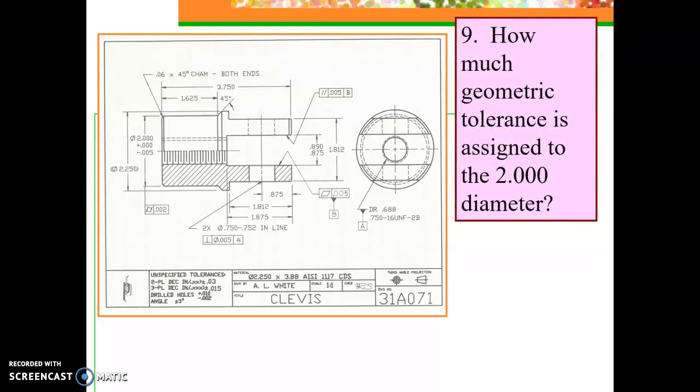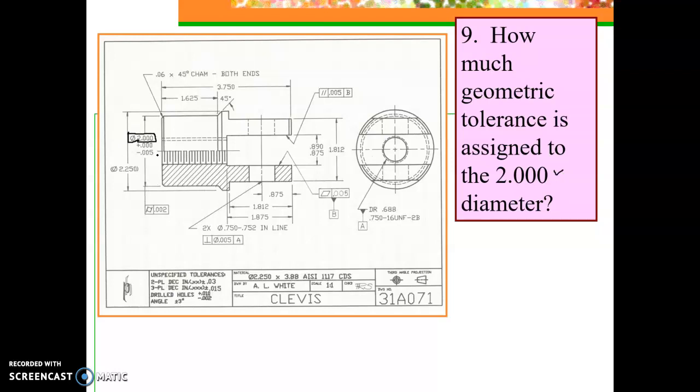How much geometric tolerance is assigned to the 2.0 diameter? If we look at these geometric tolerances, we first need to figure out which one it's referring to. And here it is the 2.000 diameter.